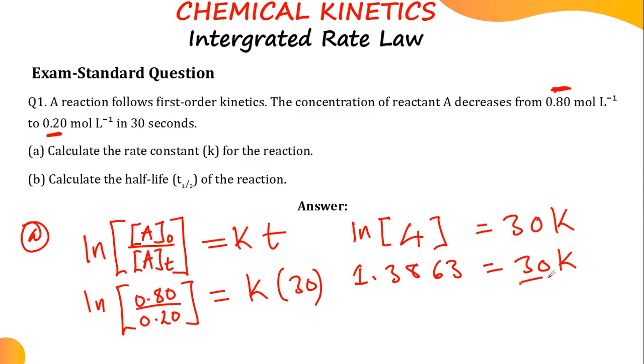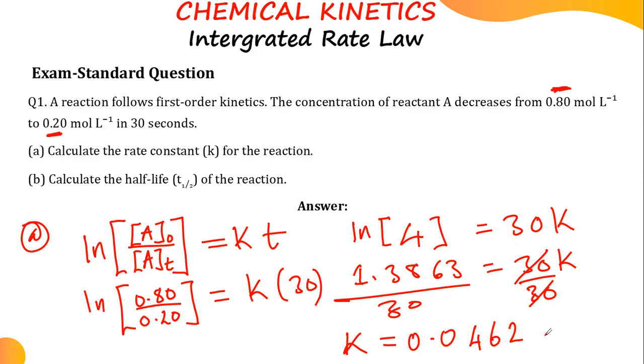Then you divide by 30. Also this side, 30, you cancel. What is 1.3863 divided by 30? It's giving me 0.0462.